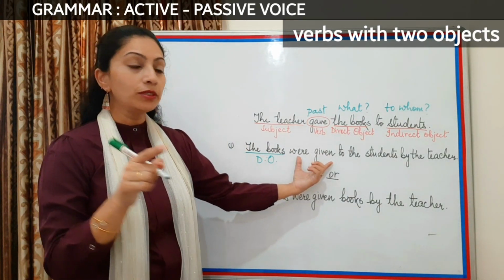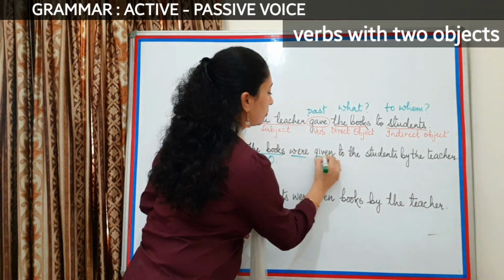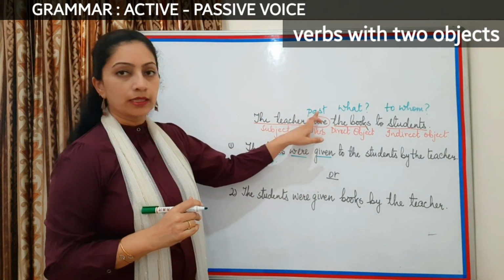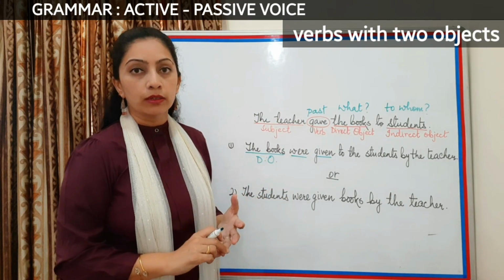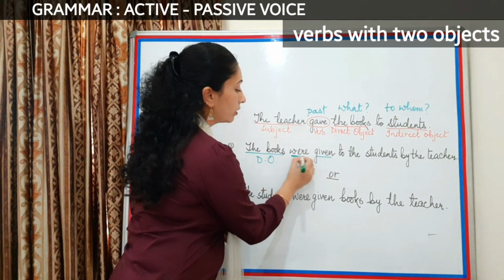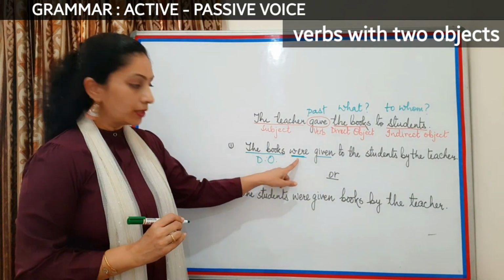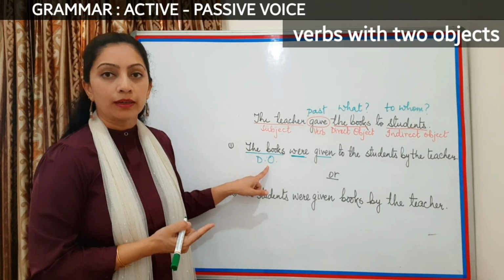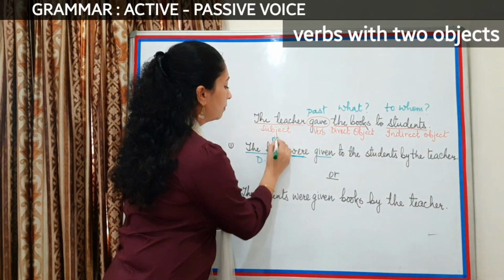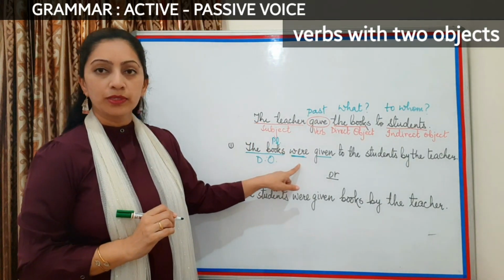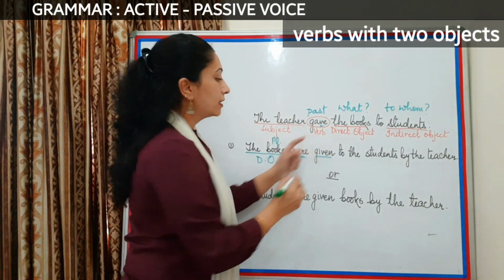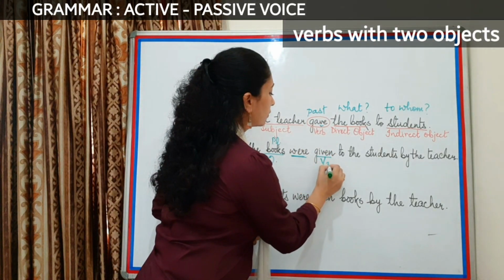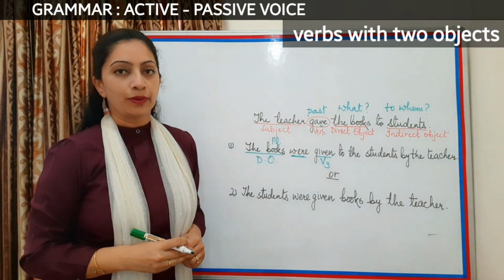Now as per the rule, the tense should remain the same. So if it is in past, for past I will use the helping verbs like was or were. Therefore I am using were. And why were? Because my subject is plural. Here the books is plural and therefore I am using were. Given. Now this verb gave has taken the V3 form of itself.